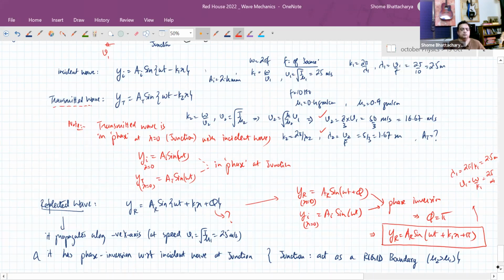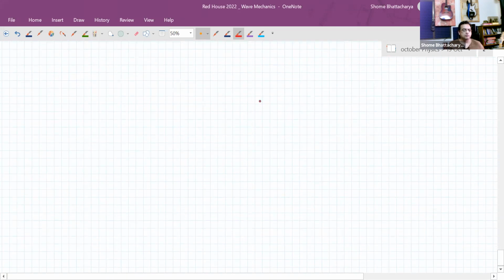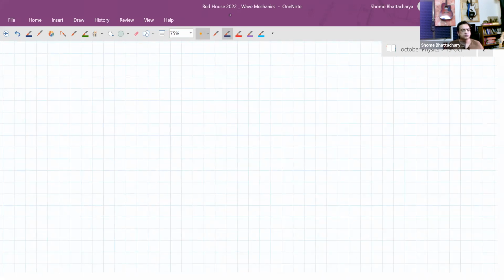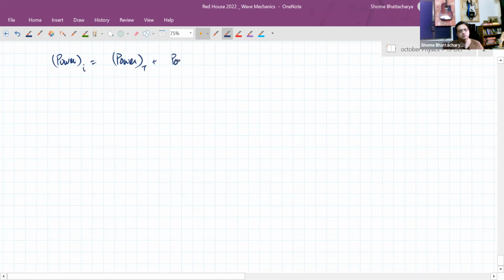We'll discuss that. Just note down up to here first. Okay, so now let's understand the other two equations that I was telling you. So there is power of the incident wave should be equal to the sum of the power of the transmitted wave plus the power of the reflected wave.